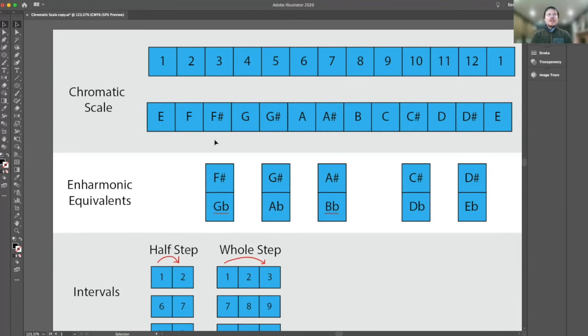So if you're thinking, as I just read aloud, what happened to E sharp and what happened to B sharp? That's a good observation. Why doesn't E sharp or B sharp exist, or why isn't it represented here? That is sort of a meta music question that is beyond the scope of this discussion, and I don't know why they didn't choose to do an E sharp or a B sharp.